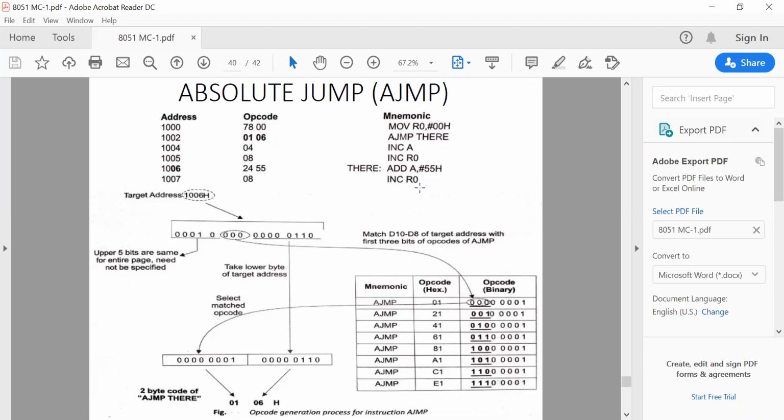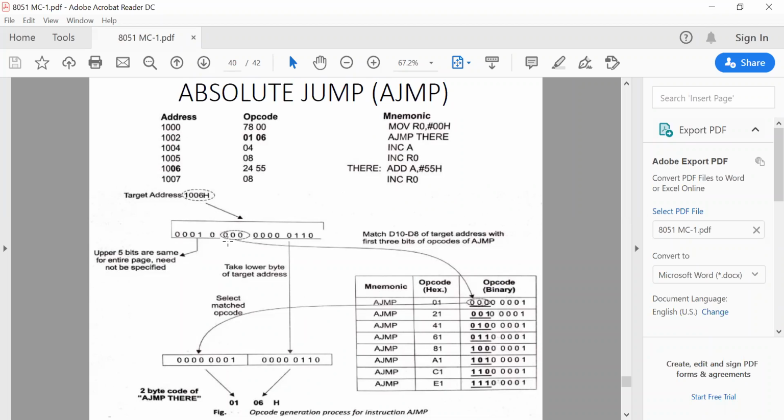Now the lower bits of the destination, basically, 1006 can be written as 0001 0000 0000 0110. The upper 5 bits are the page number, which is page number 2.